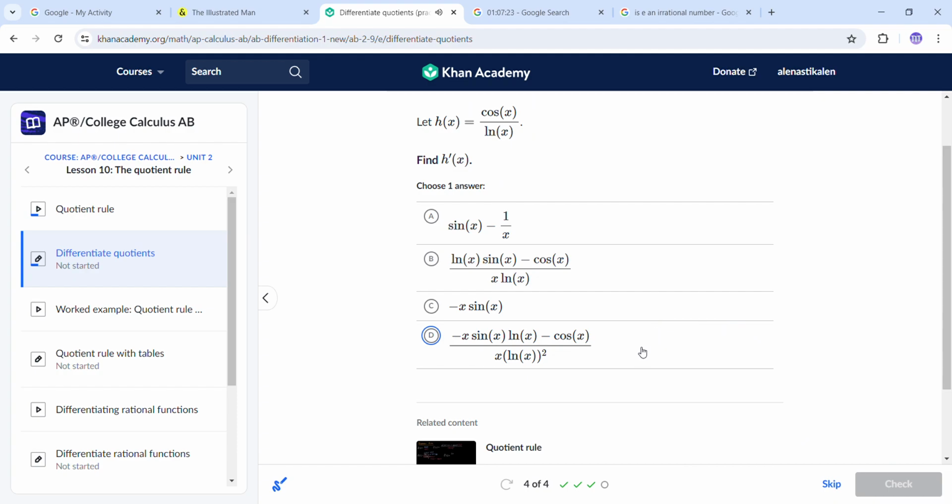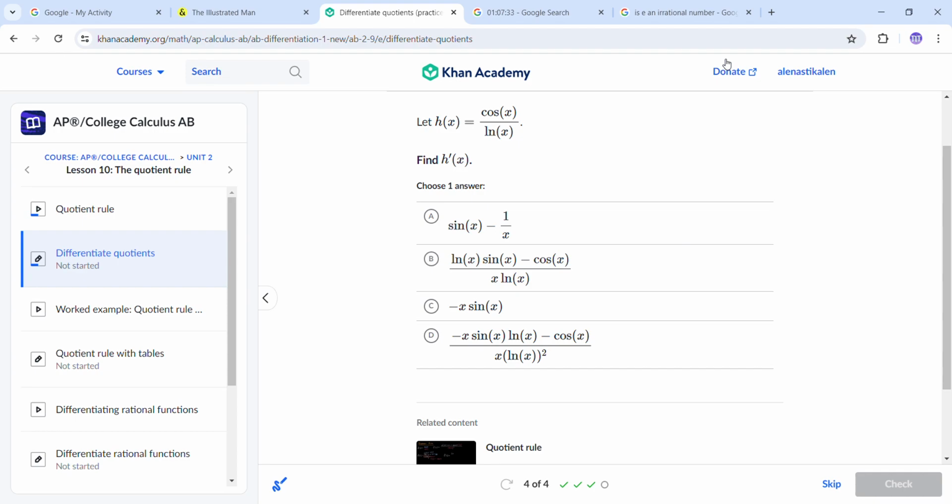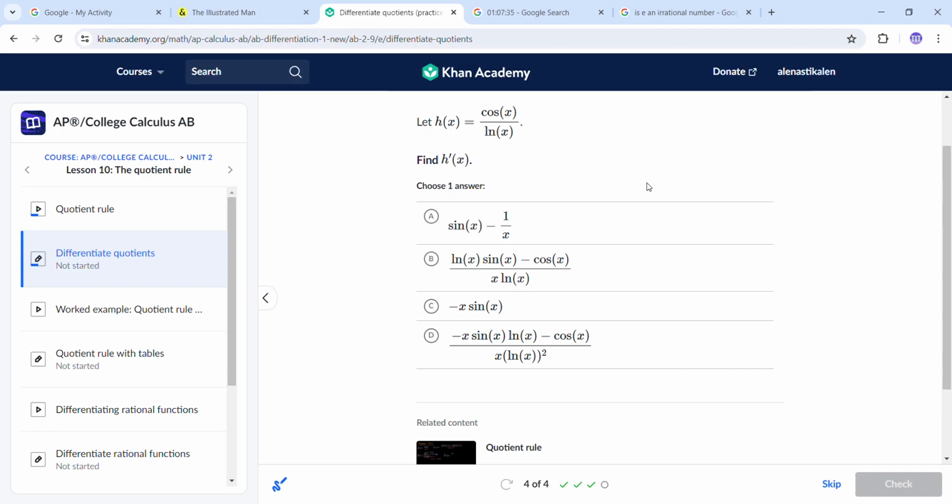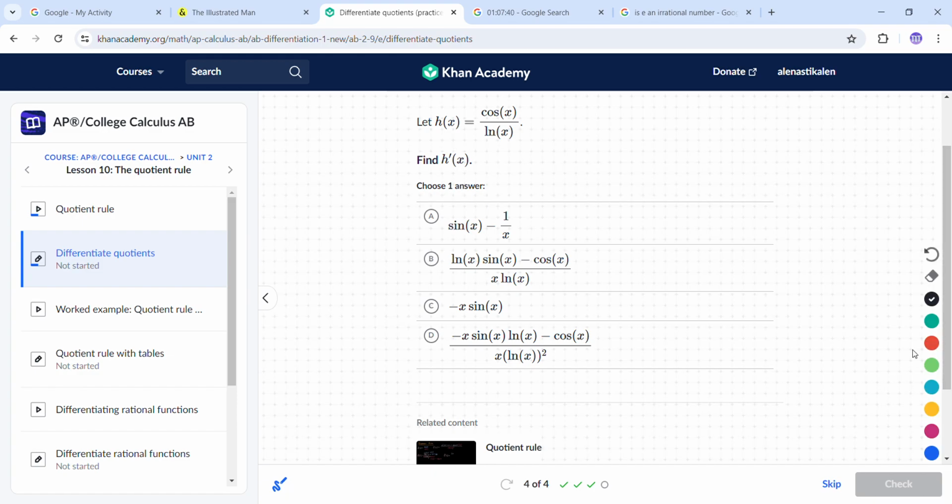Okay, last but not least, we have this, which we cannot get wrong because it's just going to mess up my streak completely. A 4 out of 4 looks way better than a 3 out of 4. And I'm no perfectionist by any means, just not trying to mess it up. Let's see. That's just cosine of x, right? No, that's actually negative sine of x because we have to find the numerator's derivative first.